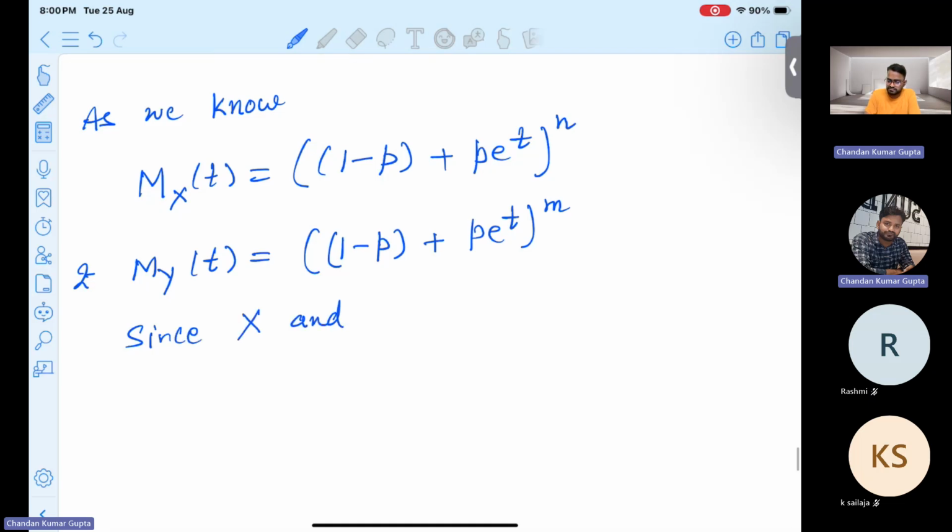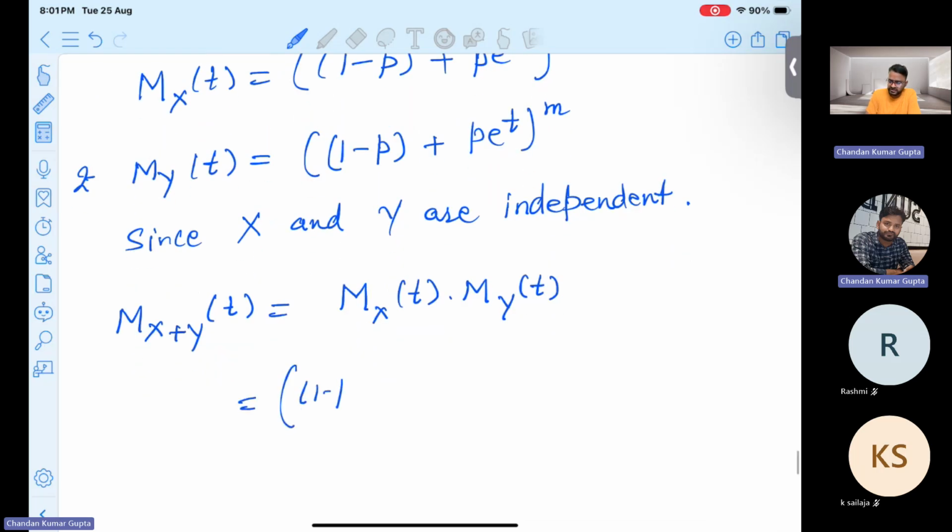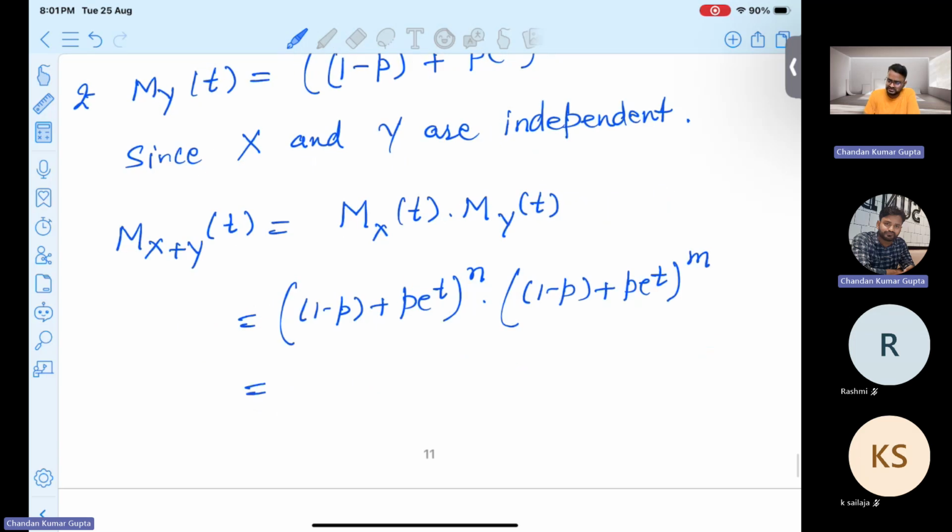Since X and Y are independent, and as we know, when two random variables are independent, the joint MGF is the product of their marginal MGFs. So that means (1 minus p plus p e to the power t) to the power n multiplied by (1 minus p plus p e to the power t) to the power m comes out to be (1 minus p plus p e to the power t) whole to the power n plus m.